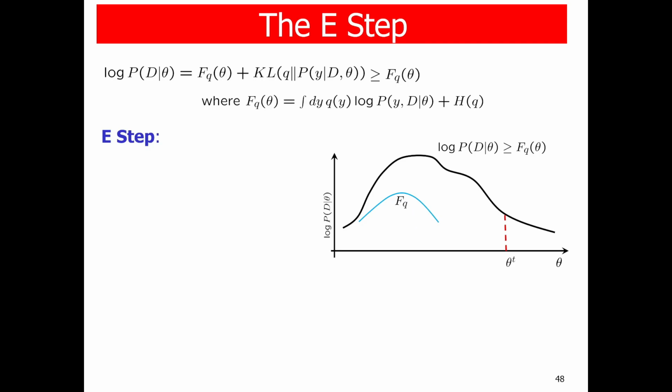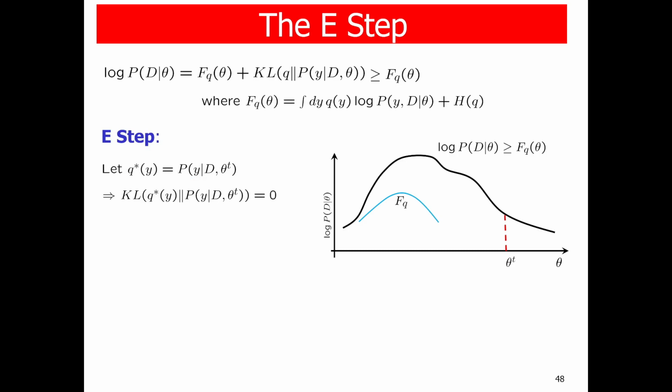As we mentioned earlier when we discussed the intuition for the EM algorithm, in the location theta t, we want to select a Q star distribution such that with this Q star parameter, F Q star will touch the log likelihood curve from below. Let's choose Q star of y to be the conditional probability of y given the data set D and the parameters theta t.